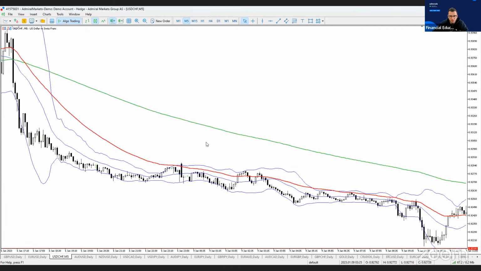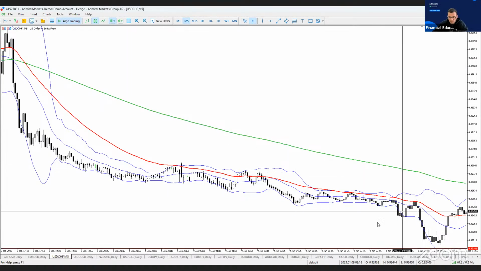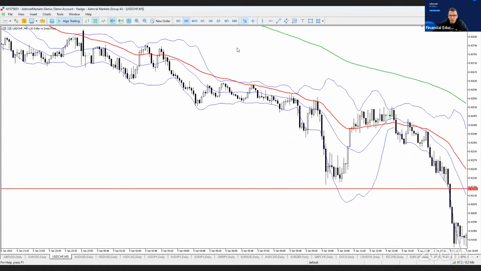On the 5-minute chart, I think we were here, and we marked this resistance trend line. We had this 20 moving average as well, the 50 moving average. We spotted that this one was in this downtrend, and we were somewhere here at the time we were analyzing this market.